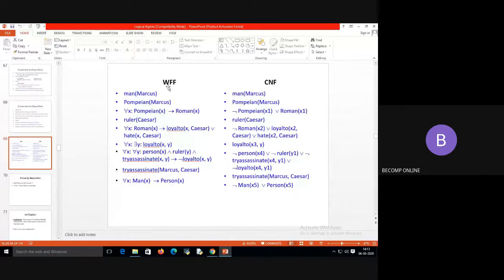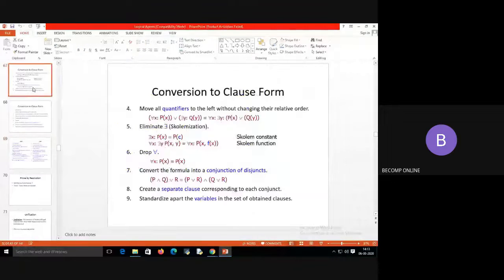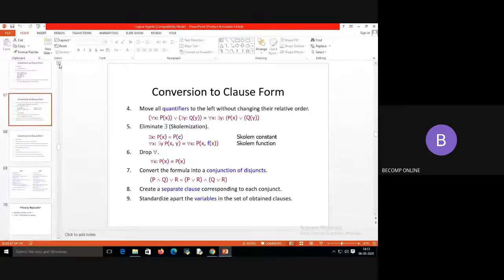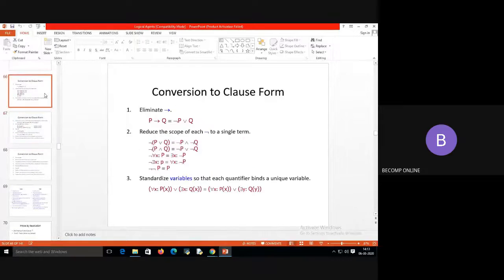We have to convert those well-formed formulas into canonical normal form. And in order to convert to canonical normal form, there are rules, I'll call them. I'll not call them steps, because when you use the word steps, it is like I'm using step 1 first, then step 2 first. It doesn't work that way.